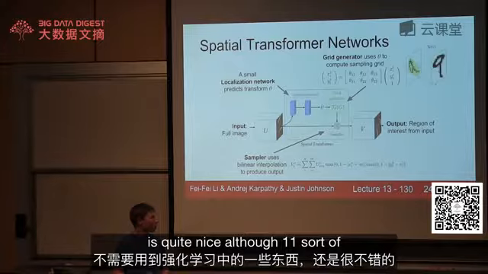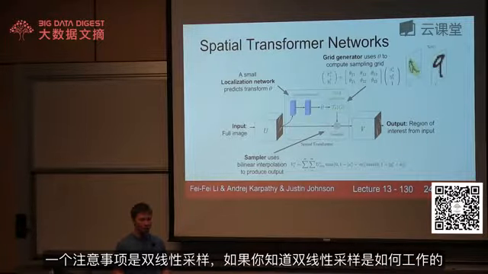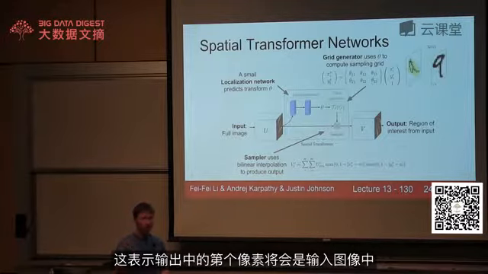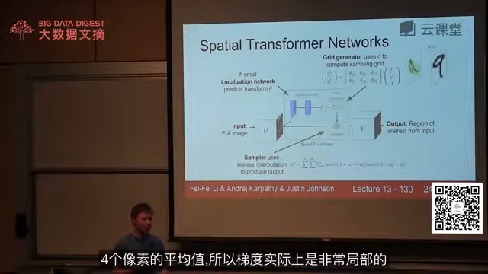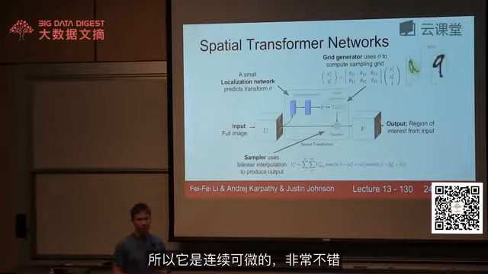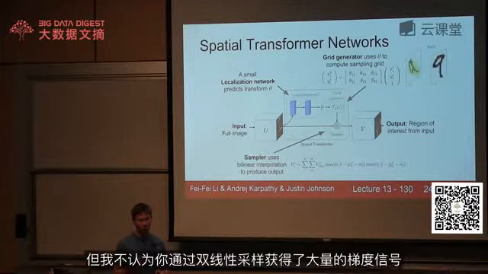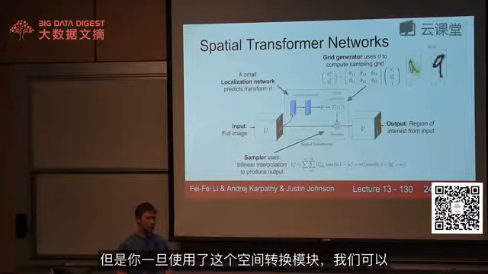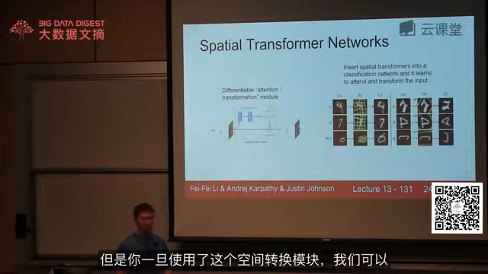Although one caveat to note about bilinear sampling is that every pixel in the output is going to be a weighted average of four pixels in the input. So those gradients are actually very local. This is continuous and differentiable and nice, but I don't think you get a whole lot of gradient signal through the bilinear sampling.